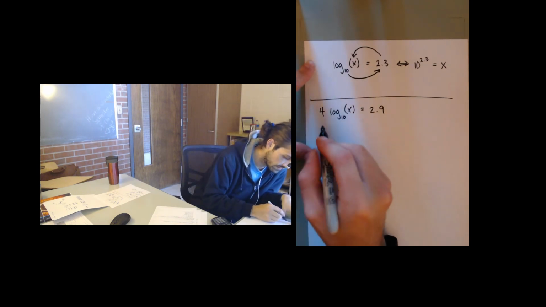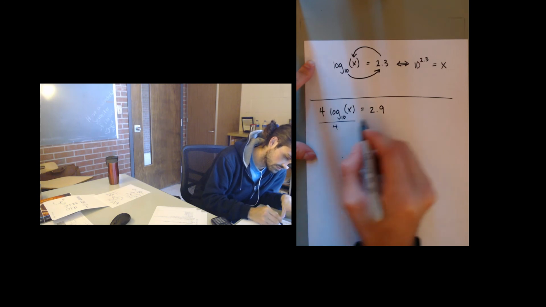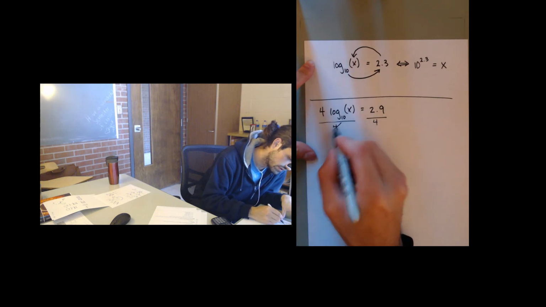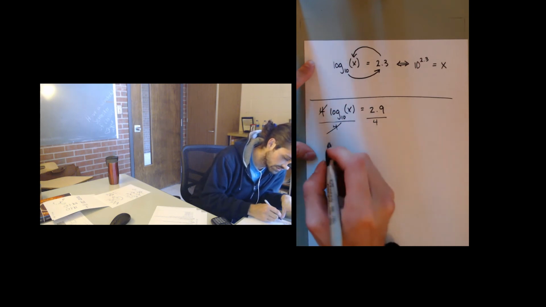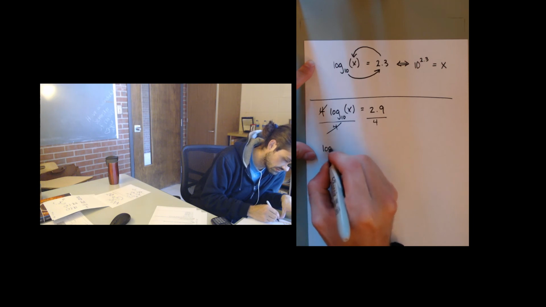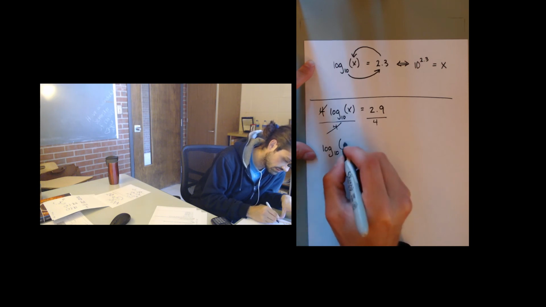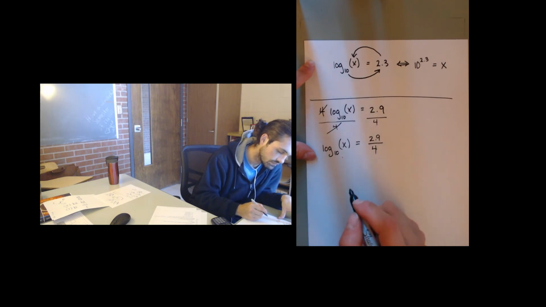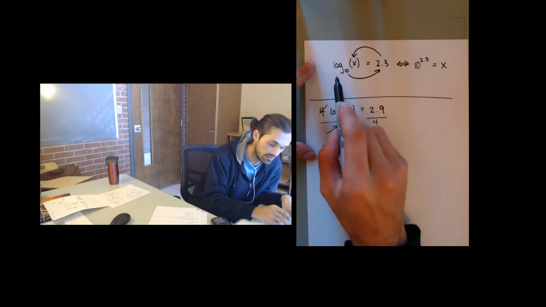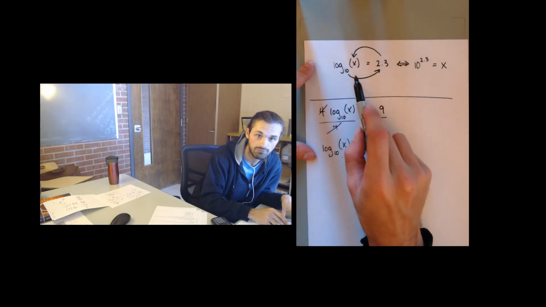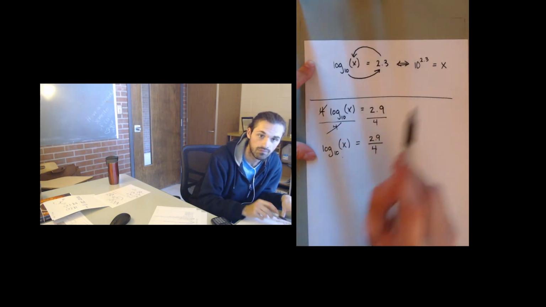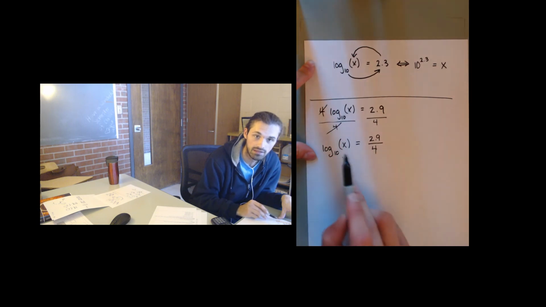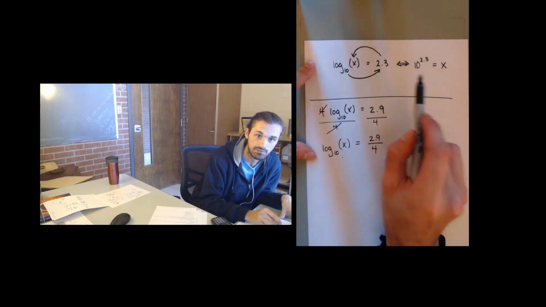So recognize I need to divide both sides by 4. 4 downstairs, 4 upstairs, they undo one another. So it leaves me behind with log base 10 of x is 2.9 over 4. And now I can utilize this kind of mapping to go from my log statement to an exponential statement.